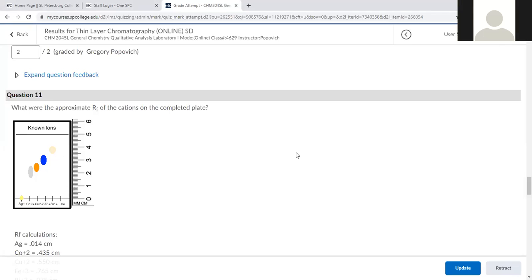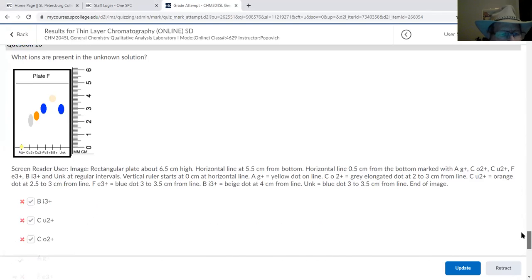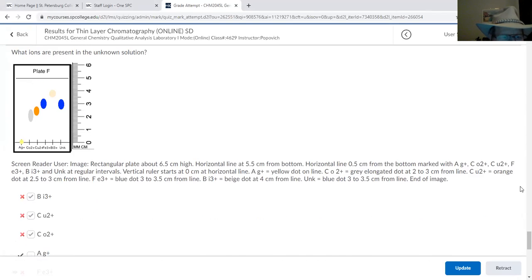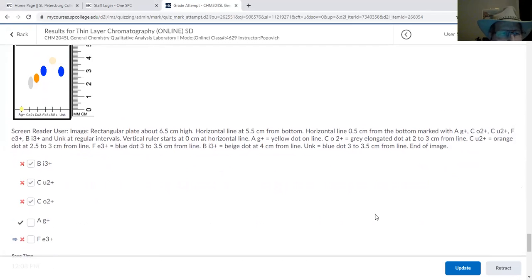What I would say from this is the only one that matches is the iron. It goes up the same distance and it's colored the same.